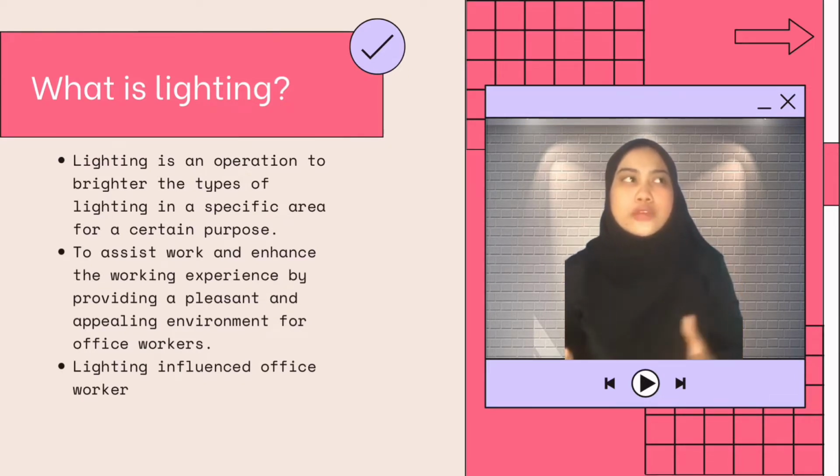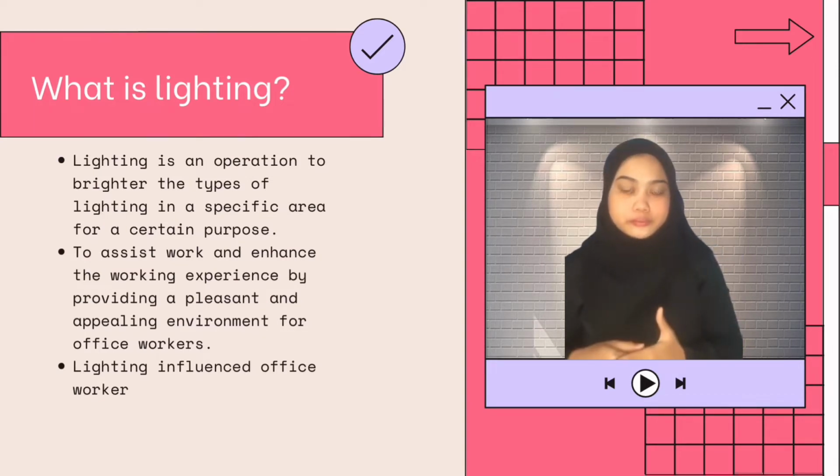So lighting influences office workers in their behavior, contentment, enthusiasm, psychological responses to a space and task performance, organizational commitment, communication, and lastly, interest.